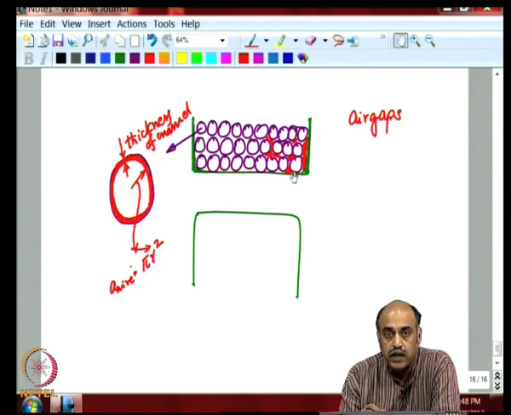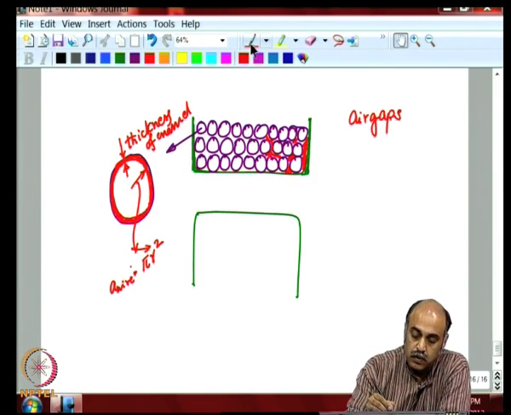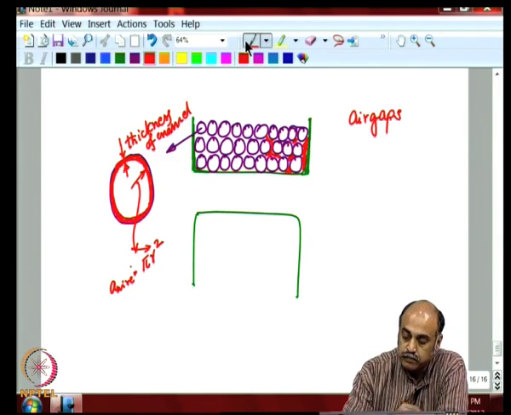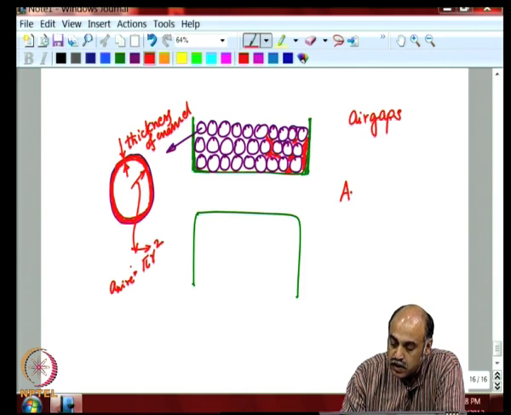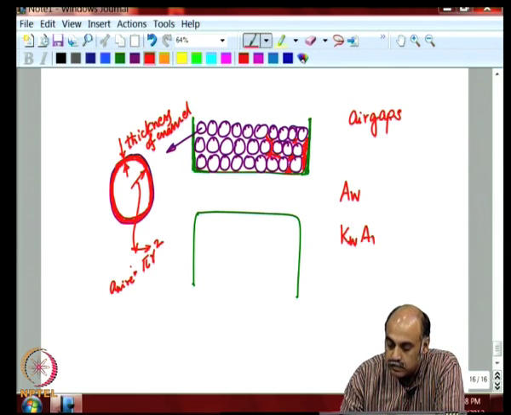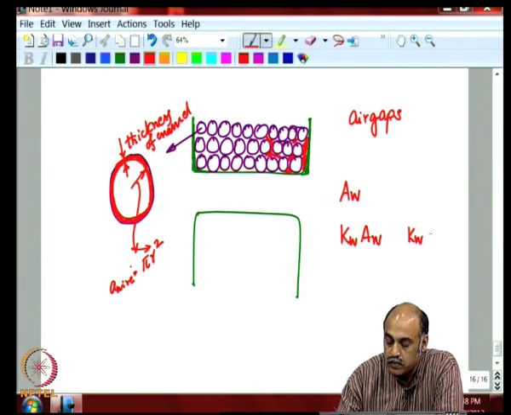Plus, there is also an additional issue, which is the skill of the winding. That also eats up into the window area. Therefore, what is available is not AW, what is available is just KW AW, where KW is a factor which is less than 1.